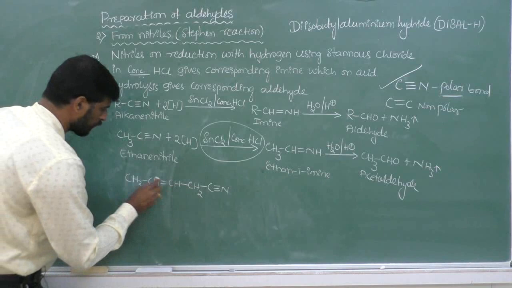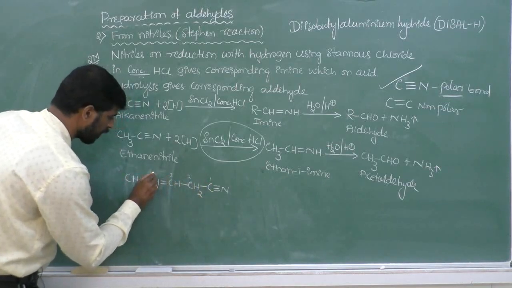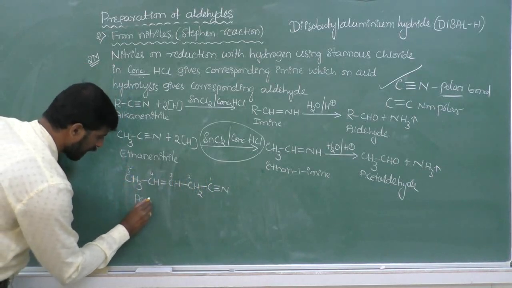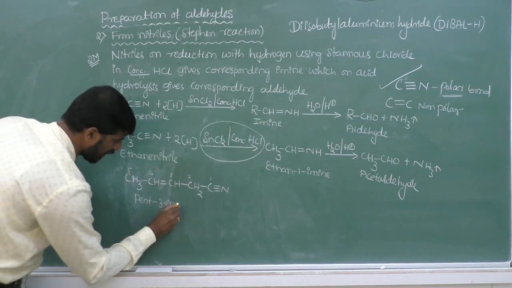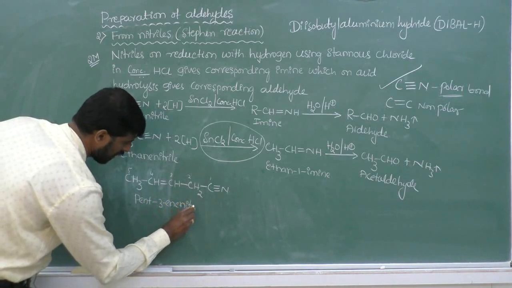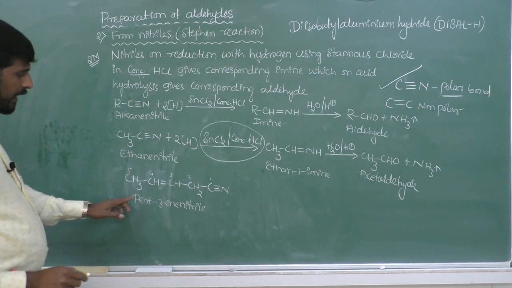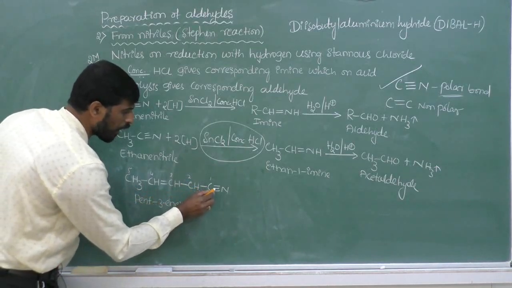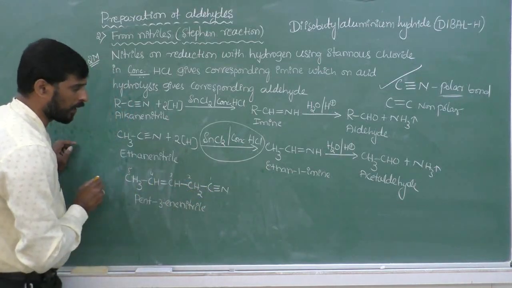This is the longest possible chain, 1, 2, 3, 4, 5. This is pent-3-ene nitrile. Now observe here, this is a polar multiple bond, this is a non-polar multiple bond.